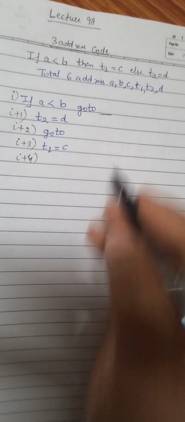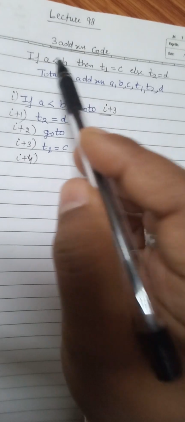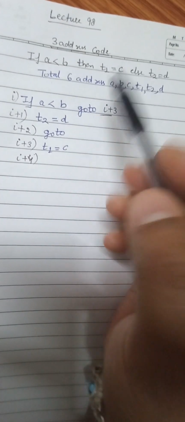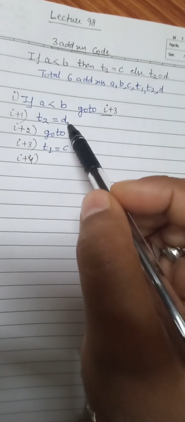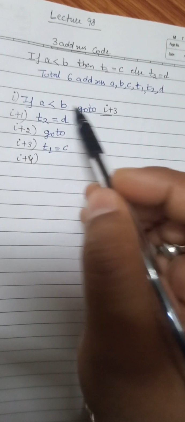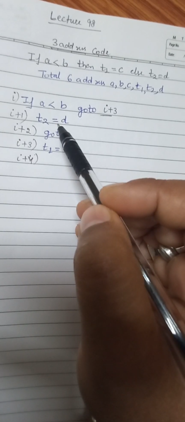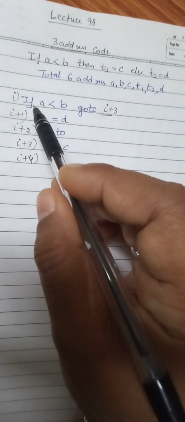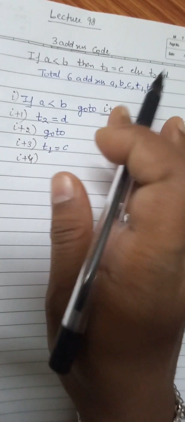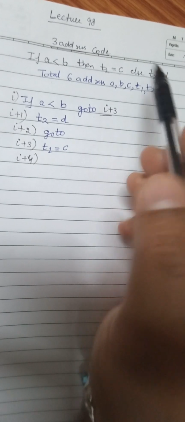So if A less than B, then T1 is equal to C, else T2 is equal to D. If this condition is not true, then the second line will execute. That's why we have written it like this: if A less than B, go to, leave the blank, and at the second position we are writing T2 is equal to D on the second line.